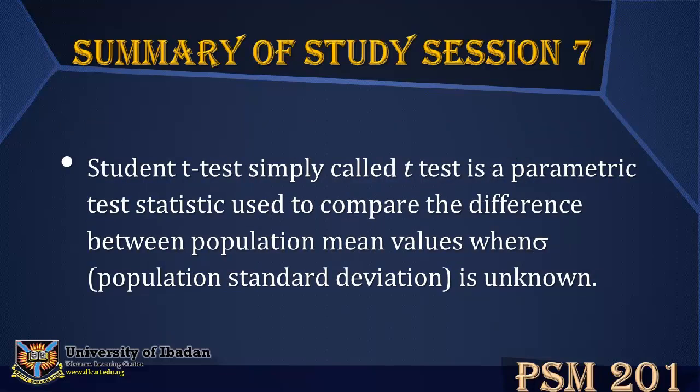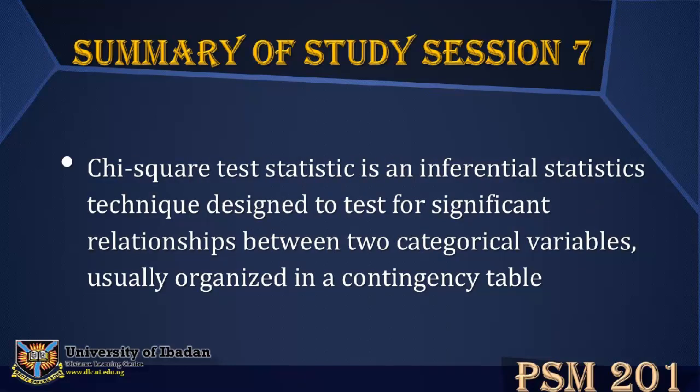Student t-test, simply called t-test, is a parametric test statistic used to compare the difference between population mean values when sigma, the population standard deviation, is unknown. Chi-square test statistic is an inferential statistic technique designed to test for significant relationship between two categorical variables, usually organized in a contingency table.